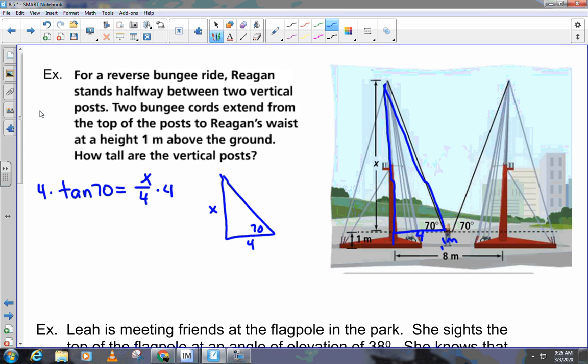Okay, so in my calculator, am I going to use regular tangent or inverse tangent? Regular. So I'm going to do 4 tangent of 70, and it ends up being 11 meters. Okay, but how tall are they going to be? Well, it's 1 meter, so it's 12 meters.